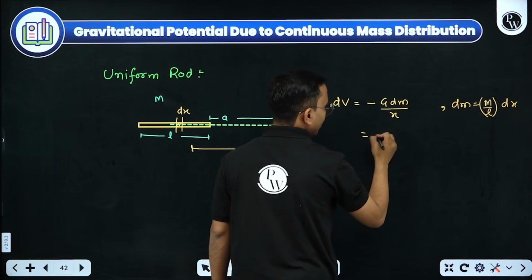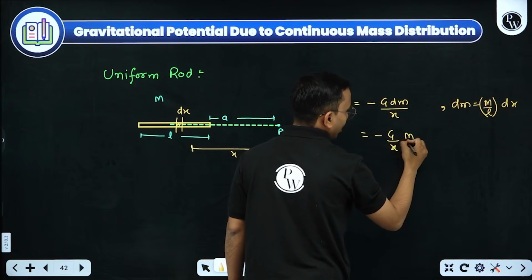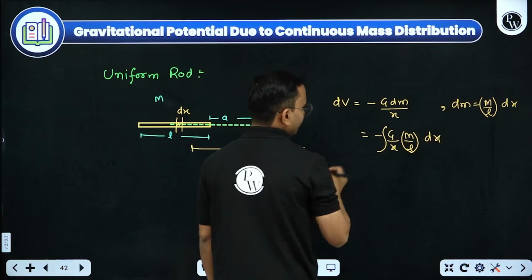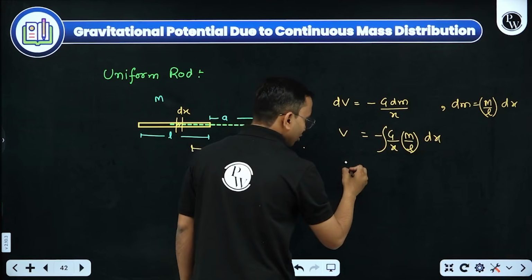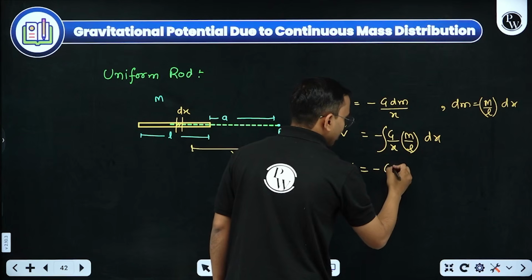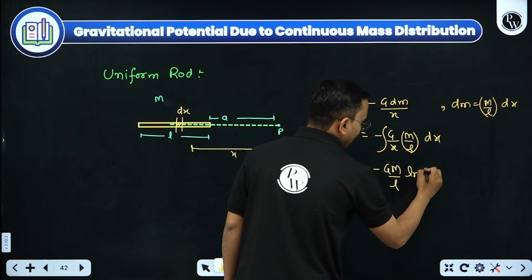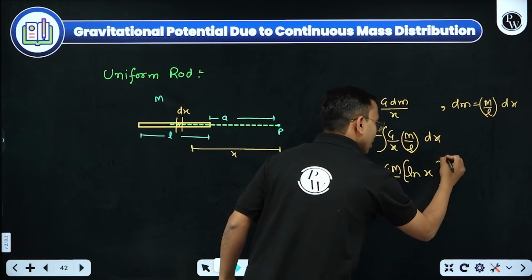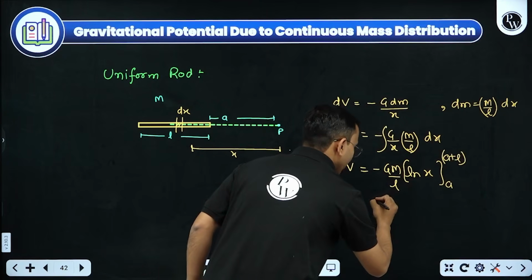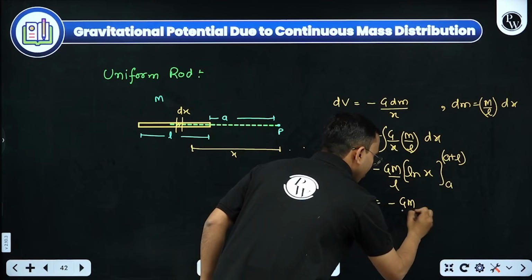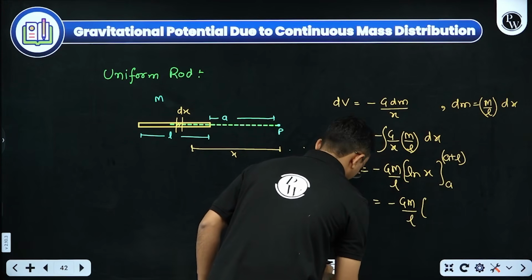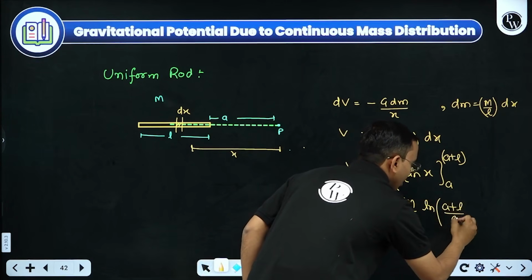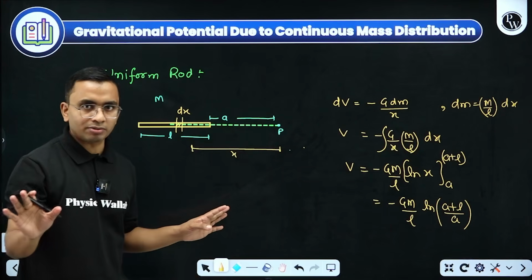Put it there, minus G by x, M by L dx, integrate it. That will become my total potential. V is equal to minus GM by L ln x. The limit of x will go from a to a plus L. So here the potential will become minus GM by L into ln of (a plus L) divided by a. Don't remember this expression, this is not required.